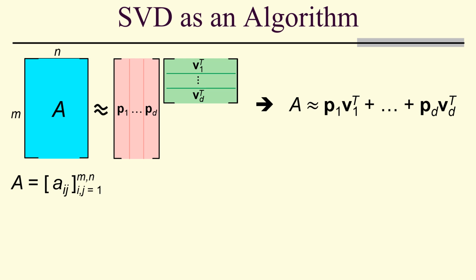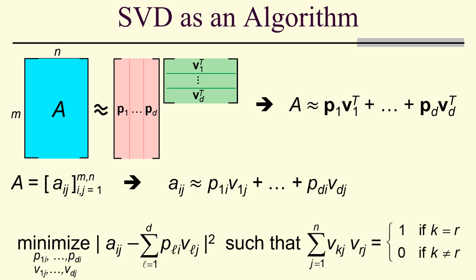This means if A is the matrix with coefficients A_ij, then the A_ij's are approximated by P_1i V_1j plus up to P_Di V_Dj. And that actually means that we can think of the singular value decomposition as an algorithm, minimizing over the P's and V's the squared difference.